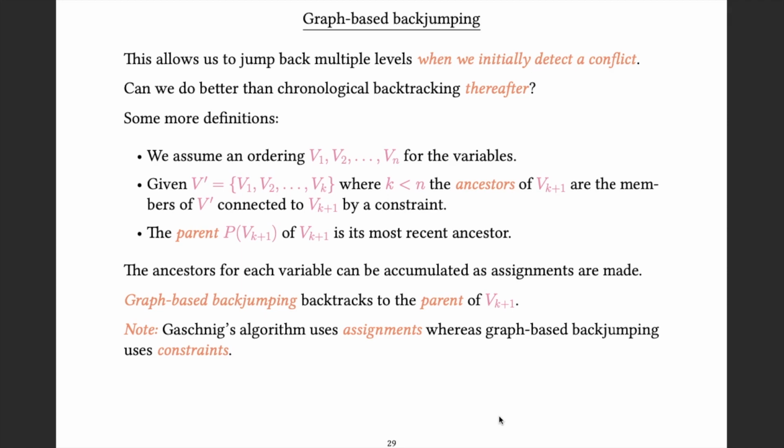And the parent of the k plus 1th variable is its most recent ancestor in the sequence of assignments. Graph-based backjumping does something pretty obvious. It backtracks to the parent of the k plus 1th variable.